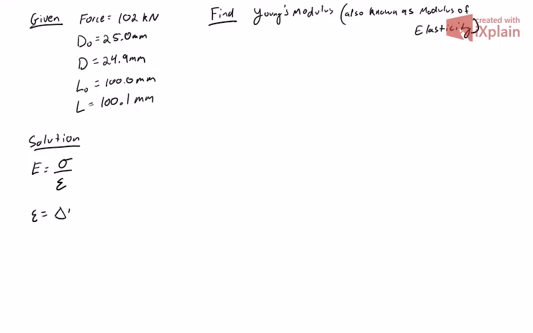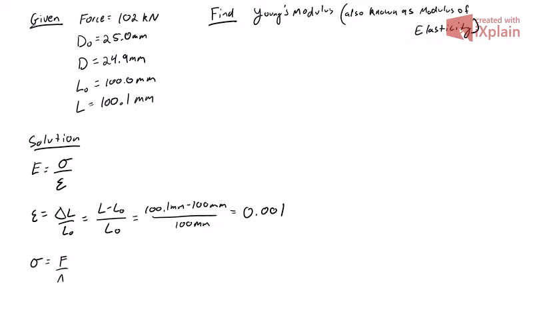Strain is equal to change in length divided by initial length, and we're going to use the same trick where we just say that's now the final length minus the initial length all over the initial length. Gives us 100.1 millimeters minus 100 millimeters all over 100 millimeters. Gives us a nice unitless 0.001 for our strain.